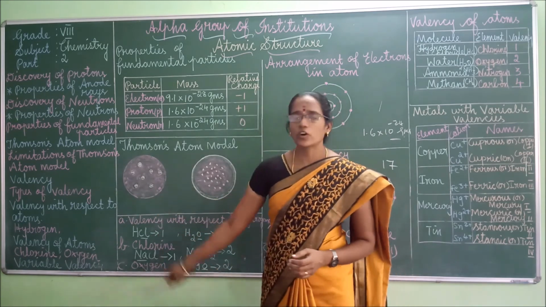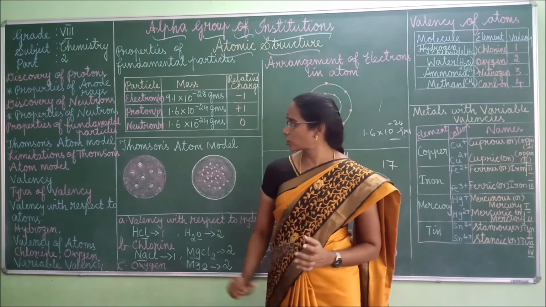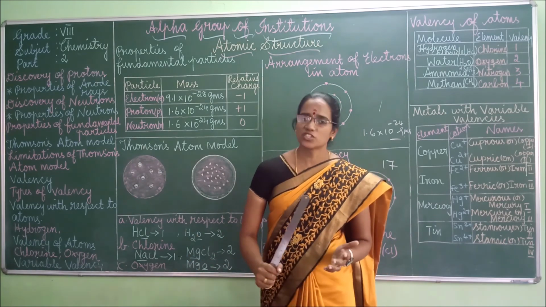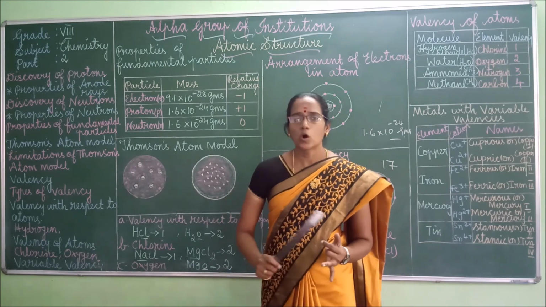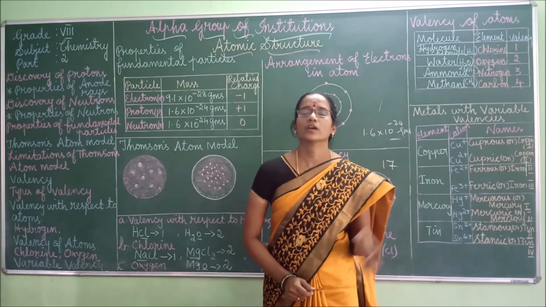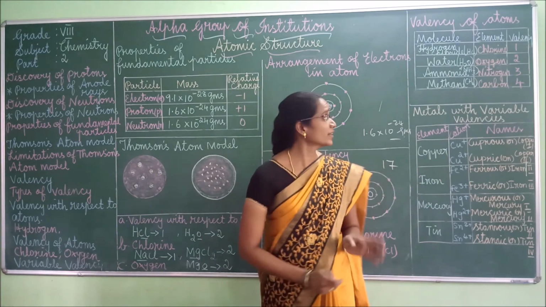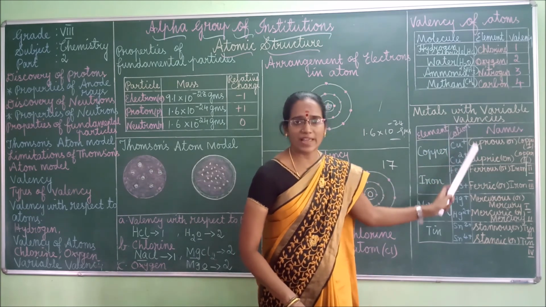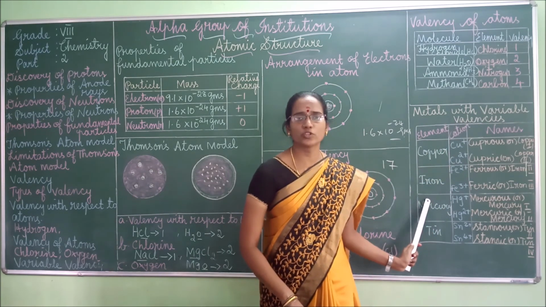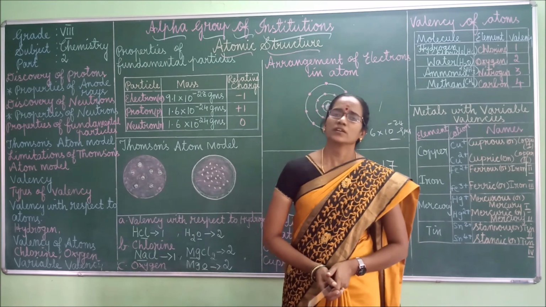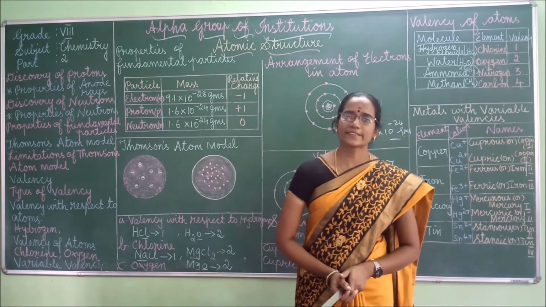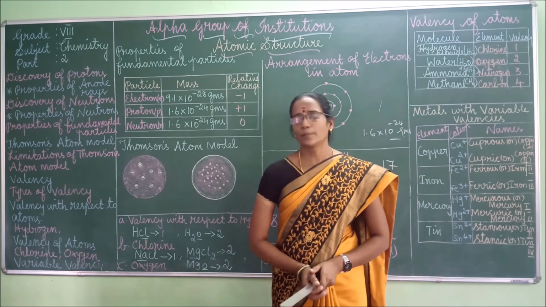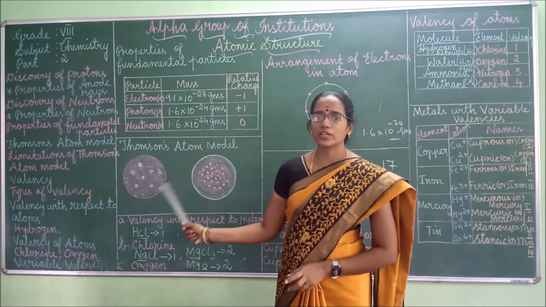Followed by the limitations of Thomson's atomic model, valency, types of valency, and then valency with respect to hydrogen, oxygen as well as chlorine, and also we discussed variable valencies. These things you have to remember, right, children? Good. We can discuss ions in the next session.